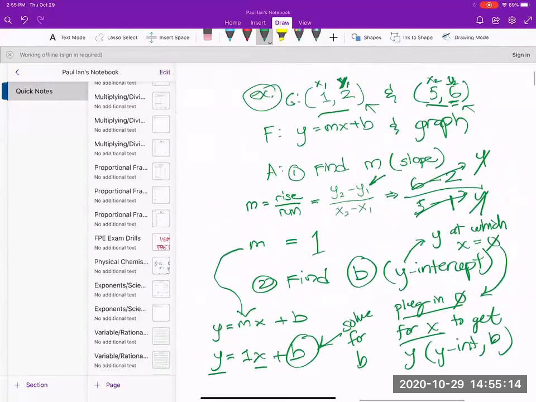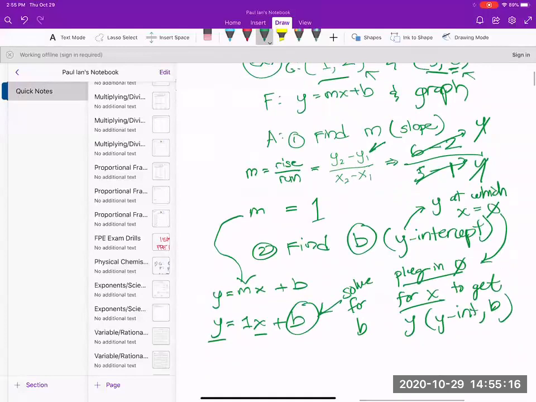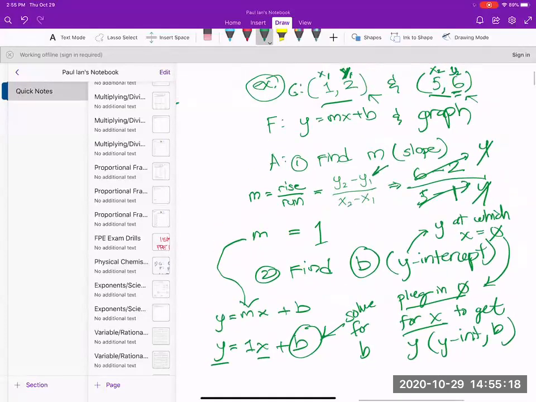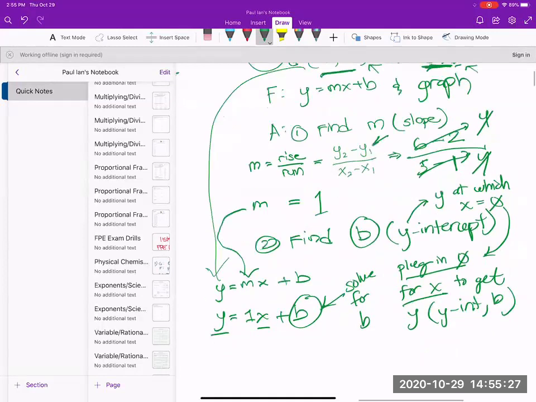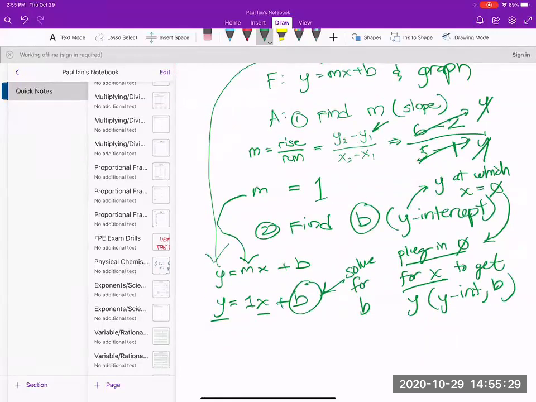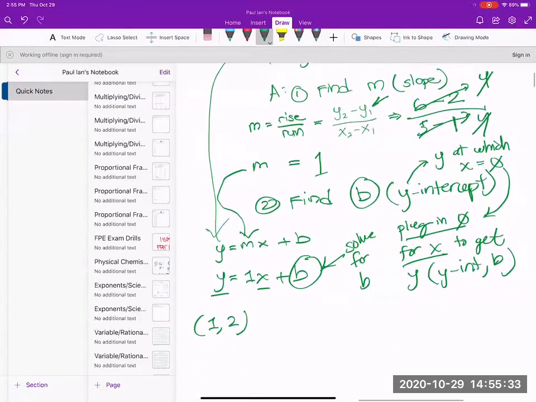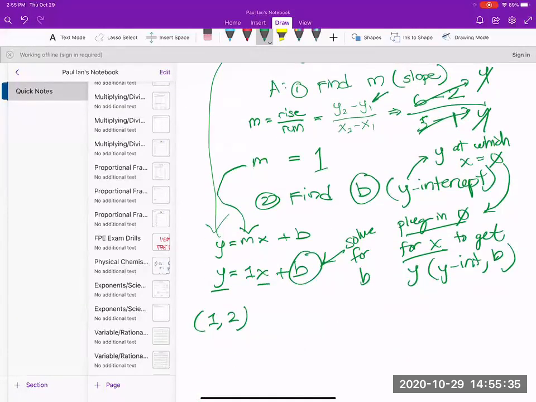So this line is supposed to pass through these two points, right? So why don't we just pick one of them and plug it in here? For example, you have 1, 2 as one of the coordinates. This is just x and this is just y, right?